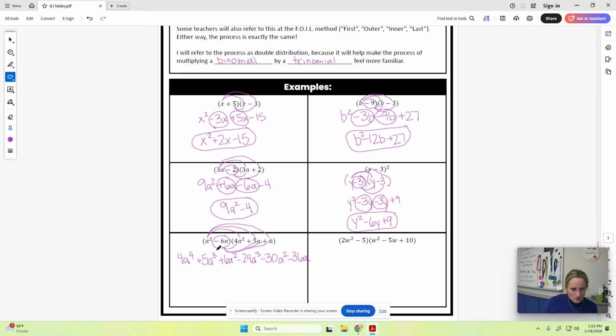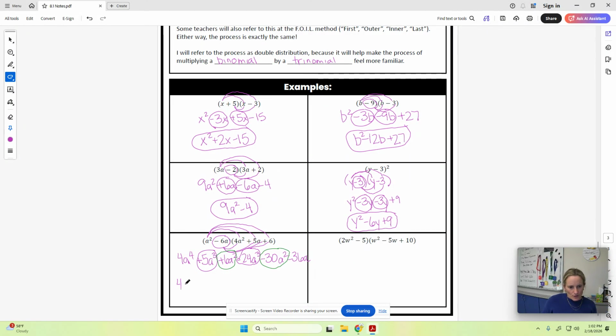So I have 2 terms with a to the 3rd, so I'm going to be able to combine those, making sure I don't lose the negative sign there. I have 2 a squared terms, so I'm going to be able to combine the 6a squared and the -30a squared. But the first and the last term are not going to have any like terms, so they're going to stay the same.